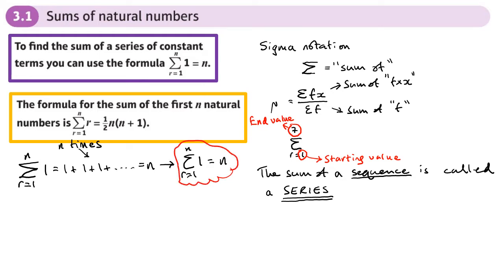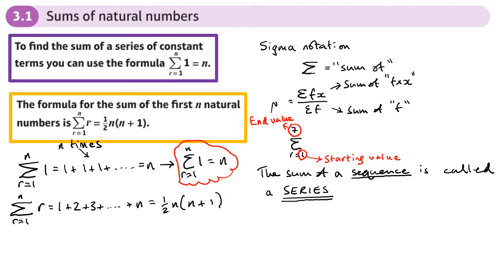The second one is not just 1, but the counting numbers. So I'm going to go r equals 1 to n. This time I put r here. And what does this mean? This means 1 plus 2 plus 3 because r changes, plus dot dot dot, all the way up to n. Now what this equals is half n times n plus 1.